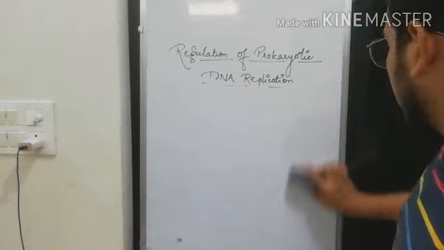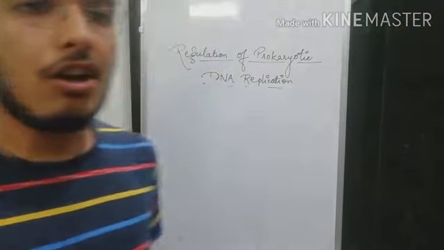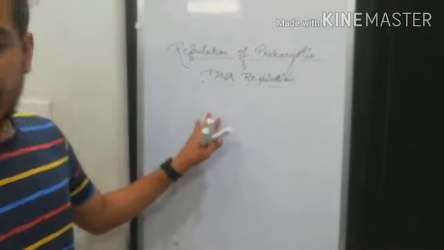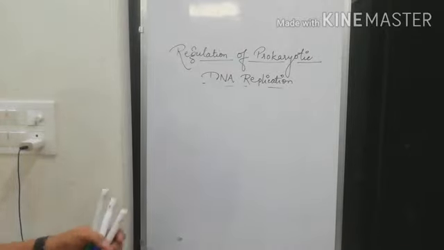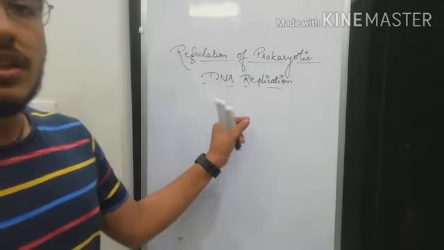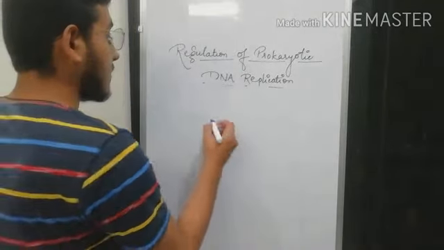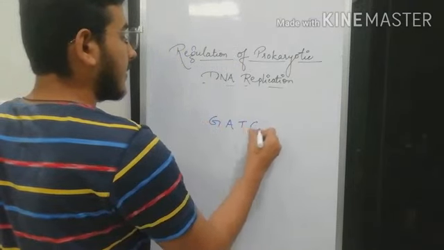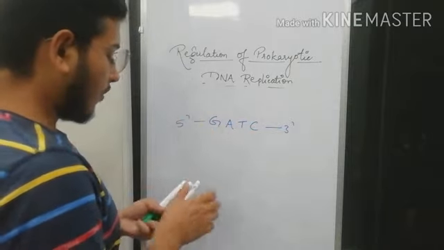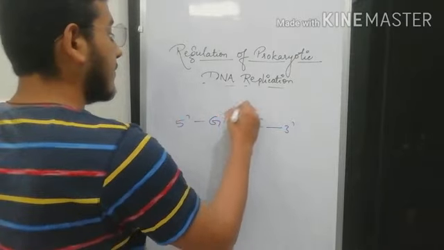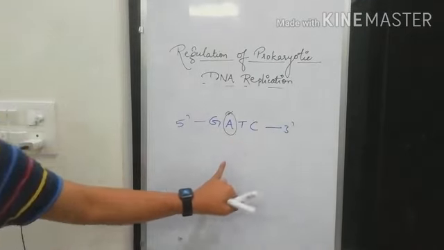Now what happens next is the activity of Dam methylase, DNA adenine methylation enzyme. It adds methylation to the adenine in the GATC sequences. So what Dam methylase does is methylate the adenine group of GATC sequences.